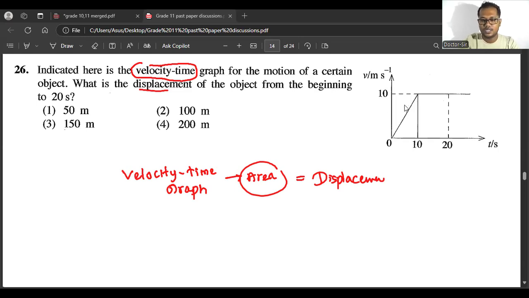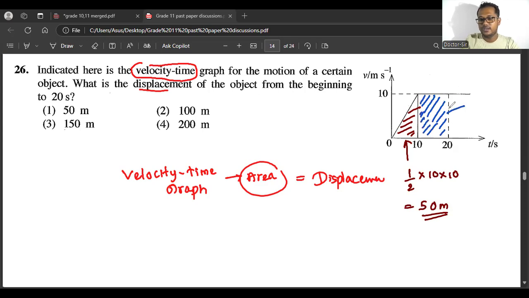First, I will find this area. How can we find it? Half multiplied by 10 multiplied by 10, so that area gives 50 meters. Then I go for another color with the other area, the rectangle shape.